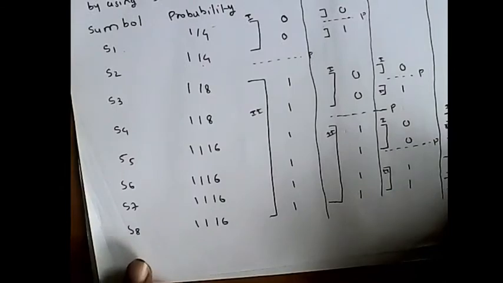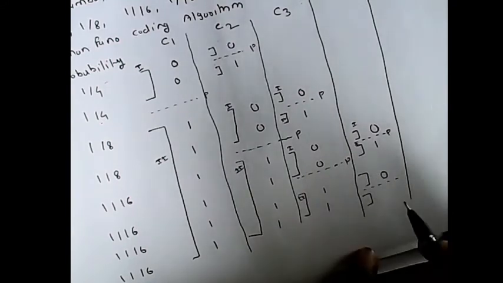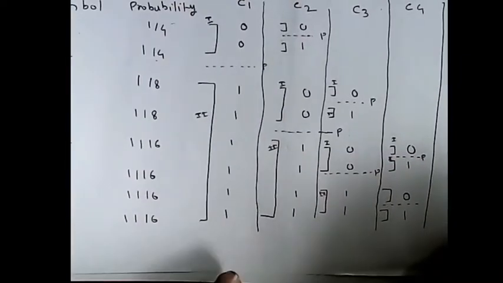Again, S7 and S8 are divided into two groups because they are equiprobable, so we assign S7 the code 0 and S8 the code 1, in binary coding. In this way we divide further, and we can write the code words for the corresponding symbols and their code word lengths.